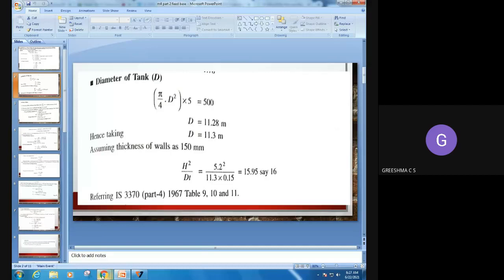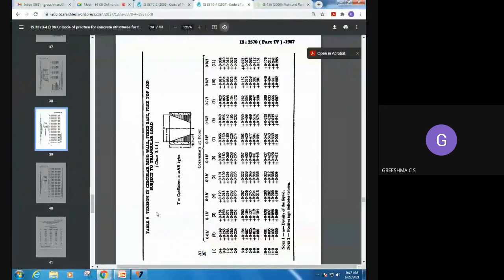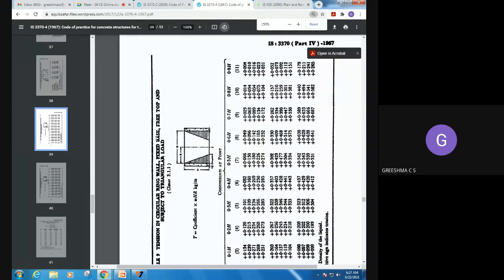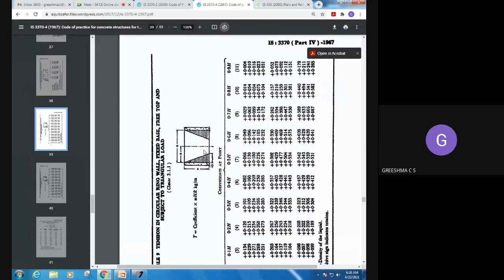In the IS code, you have to take table 9. In table 9 they have mentioned tension in the circular ring wall, fixed base, free at the top and subjected to triangular loading. So our condition is table 9.